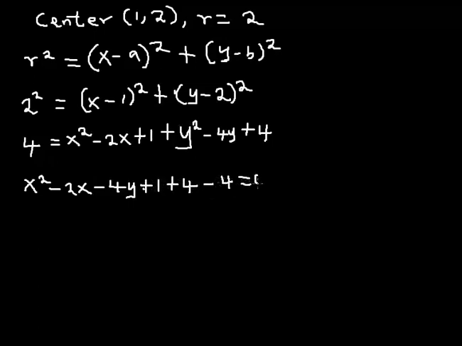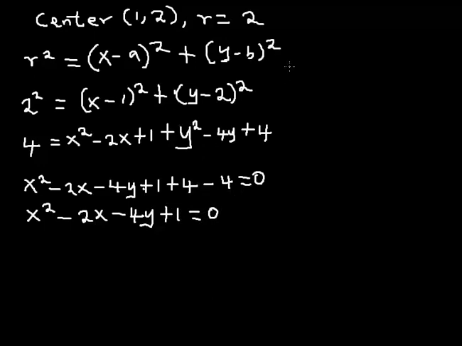All is equal to 0. So my answer is x squared minus 2x minus 4y. 4 minus 4 is 0, so I'm left with plus 1, all equal to 0.